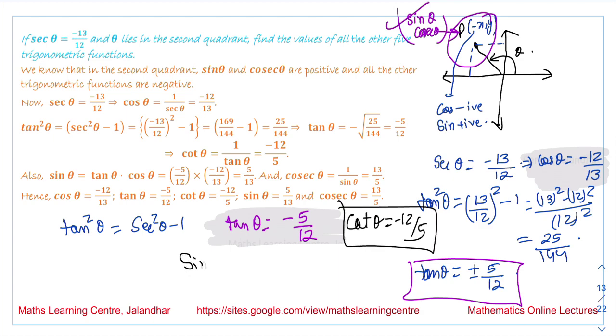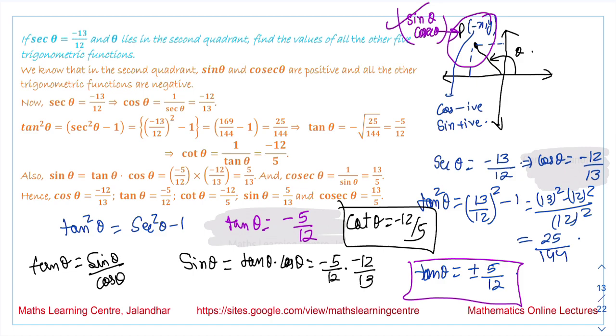Now we have to calculate the value of sine theta. We know that tan theta is equal to sine theta over cos theta. So sine theta is equal to tan theta into cos theta, that is equal to minus 5 by 12 into minus 12 by 13.